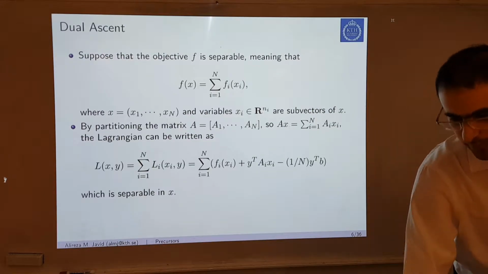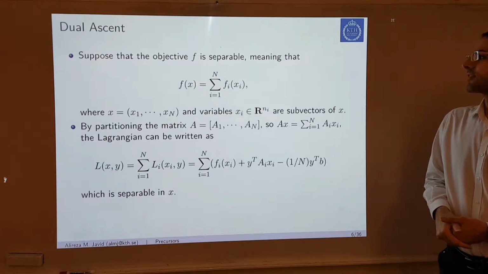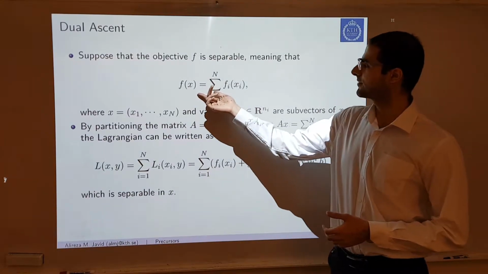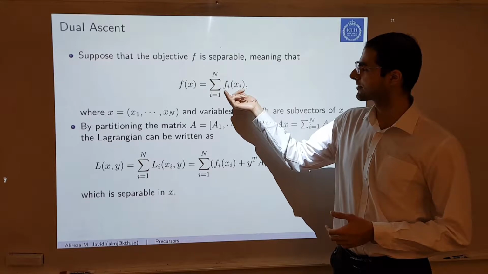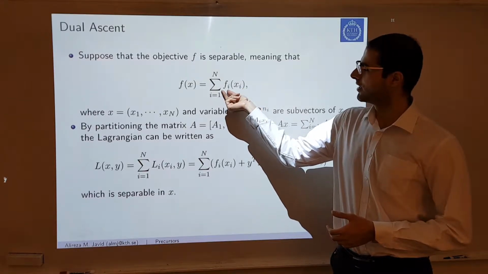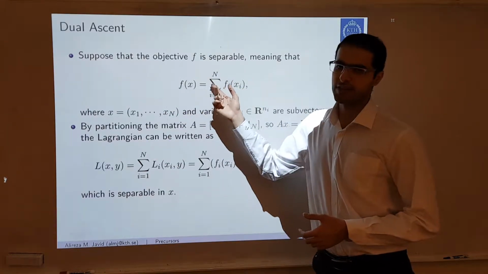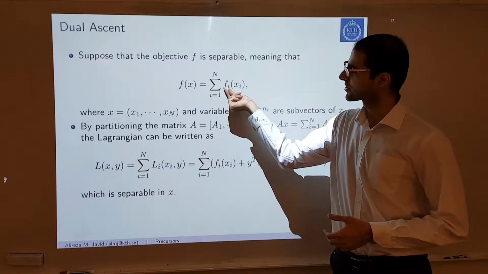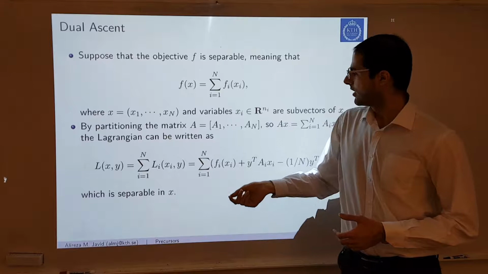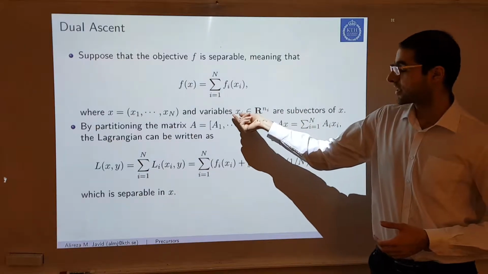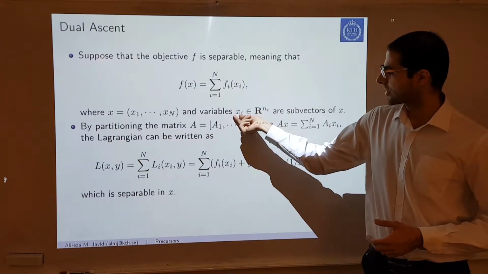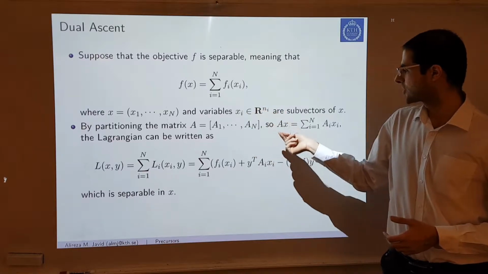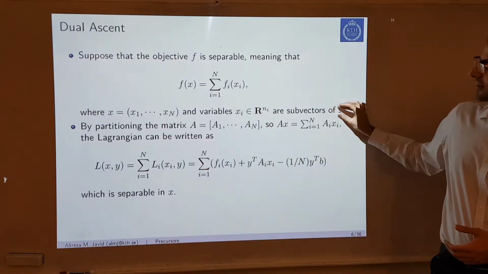For example, if we assume that the objective function is the sum of some separate functions fi, and we assume that we have a network of n different nodes, and each of the nodes has access to only its own objective function fi. They have some variable for each of them, xi of particular dimension, and this whole thing is called x.